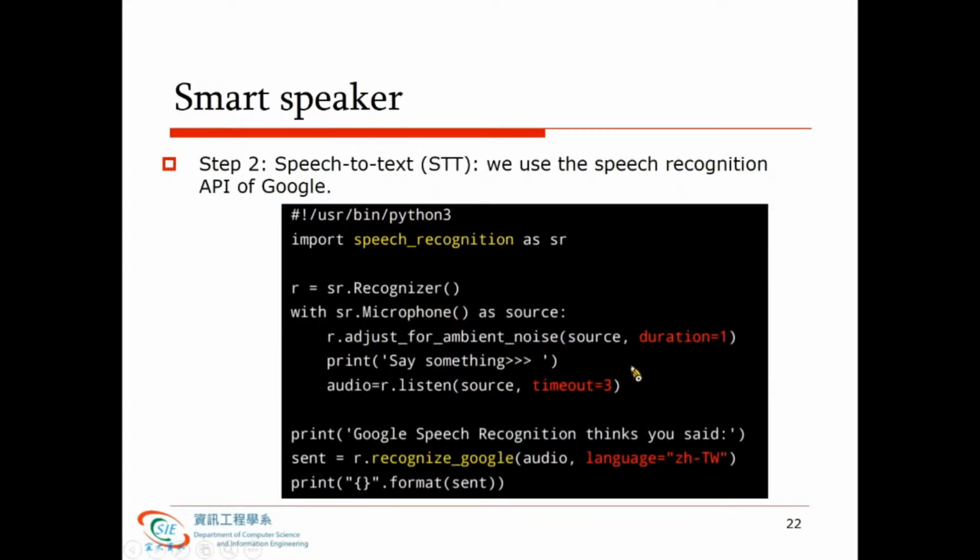Step 2 is STT. That is speech to text. Here we use the speech recognition API of Google to recognize speech into text.